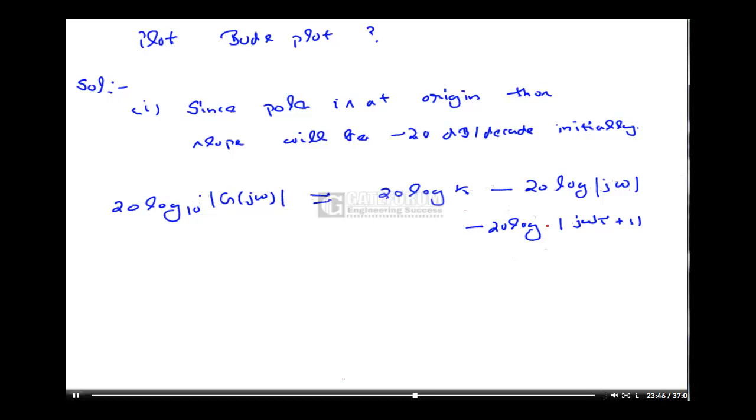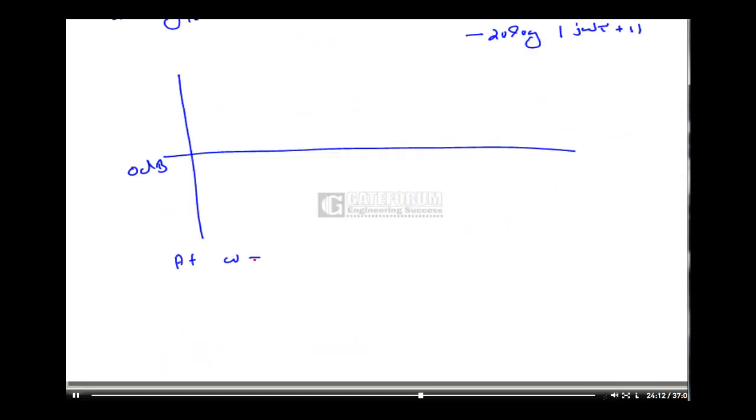For smaller values of omega, this is my 0 dB point. Okay, G of j omega at omega equal to 1 by T. Let's suppose that the 1 by T point is somewhere here.